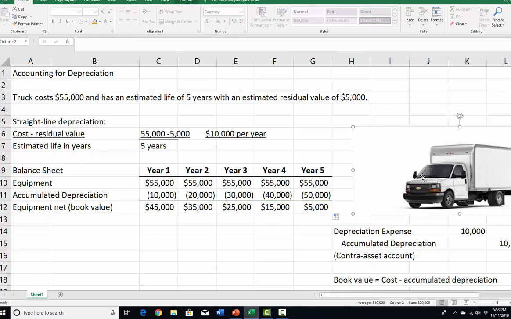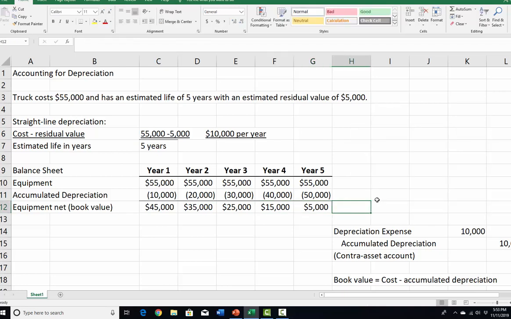Book value is now equal to residual value. All right. At the end of the asset's life, book value is equal to residual value.